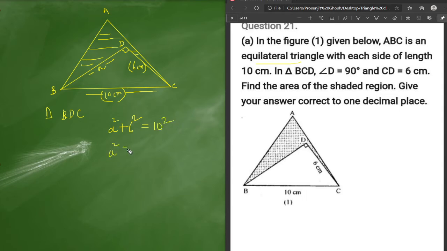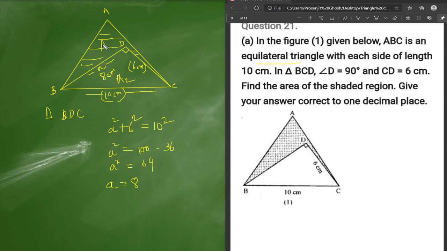So a square is equal to 100 minus 36, that is 64, and a is equal to 8. So we got the value of this part, 8 centimeter. Now by applying Heron's formula, you will get the area of this. So we got the area of this, A2.